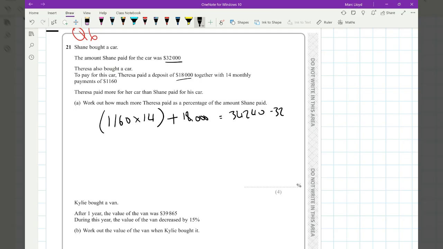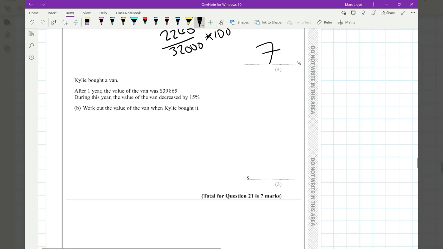Now we're going to subtract 32,000, which is 2240, and then we put the 2240 over Shane's amount, divide by 32000, multiply by 100, and that gives us 7%. These questions are coming up a lot, so beware.